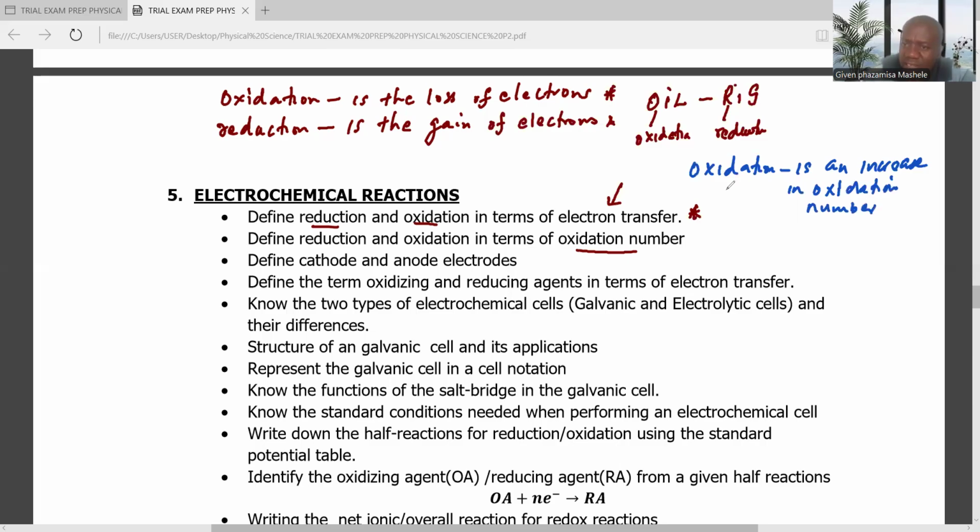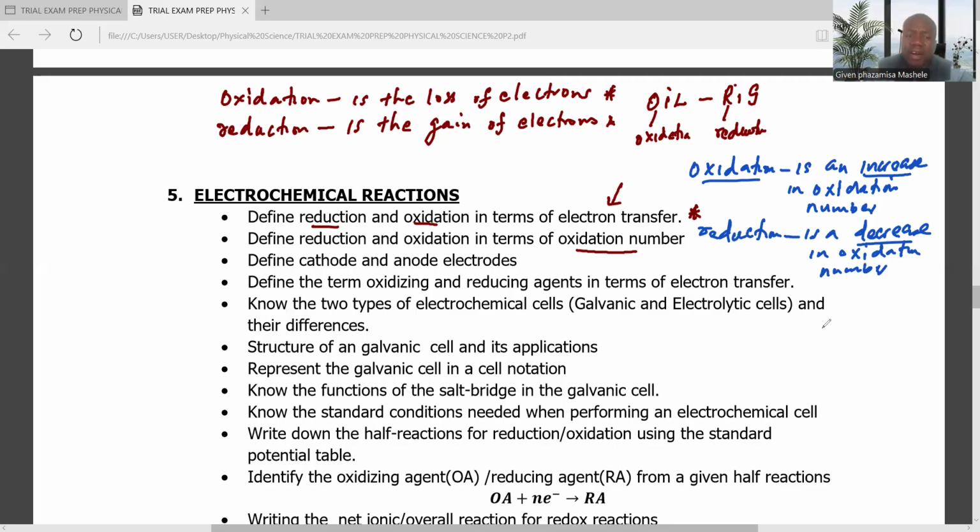A substance that undergoes oxidation, you'll see it with an increase in oxidation number. And a substance that undergoes reduction, you will see by a decrease in oxidation number.